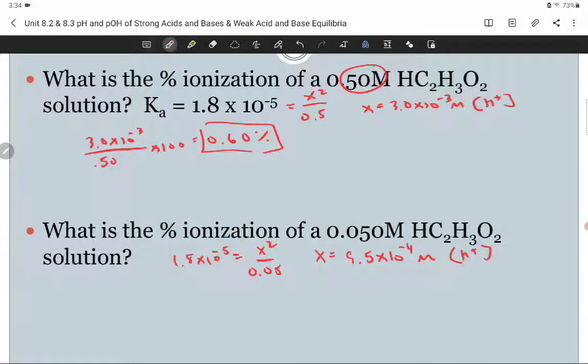And then down here, 9.5 times 10 to the negative fourth divided by 0.05 times 100. So we started off with a smaller concentration of weak acid, and we ended with a greater percent ionization.